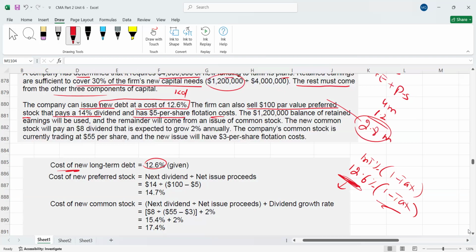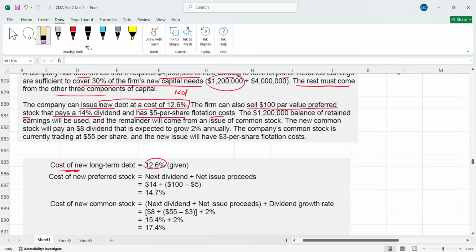per share flotation cost. Okay, so here preferred stock data we got. So we can calculate the cost of the preferred stock. Do you remember the formula for the cost of preferred stock? I told you the formula is cost of preferred stock equals next dividend divided by net issue proceed times 100.